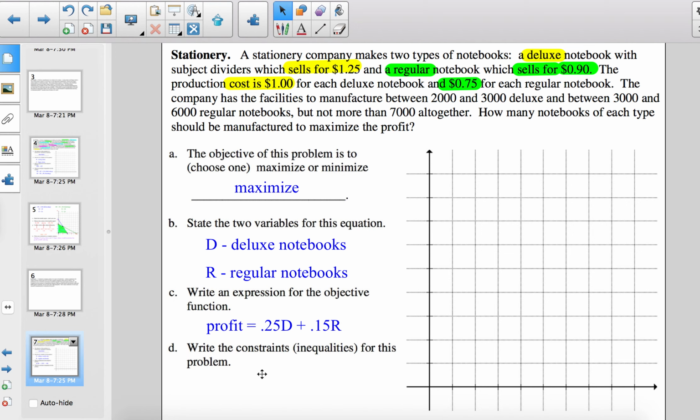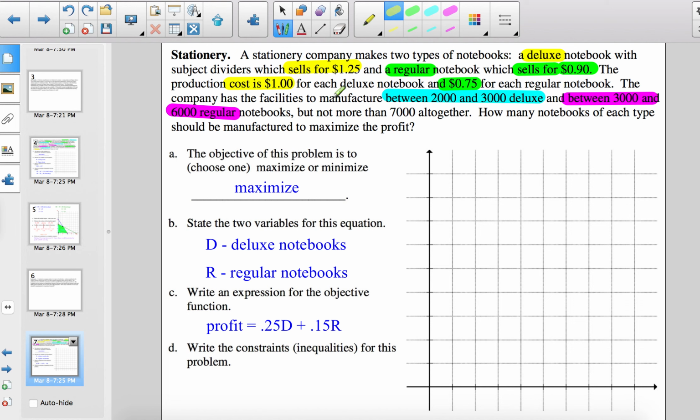Okay. Next up are my constraints and my inequalities. So let's see. It can manufacture between 2,000 and 3,000 deluxe. Okay, so that's one inequality. It can make between 3,000 and 6,000 regulars.